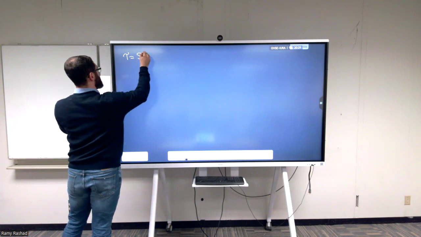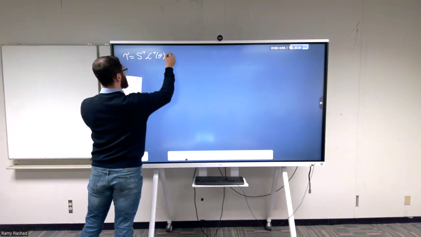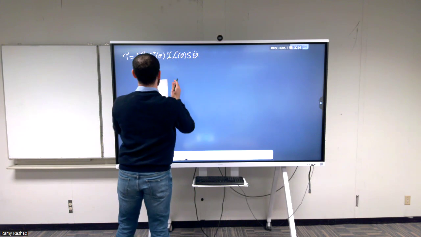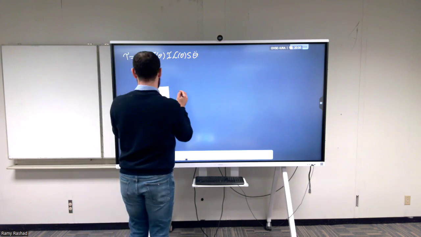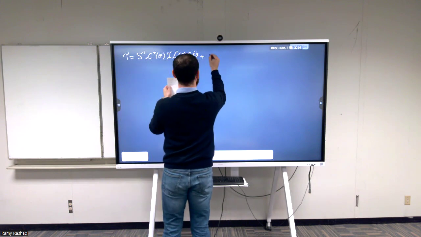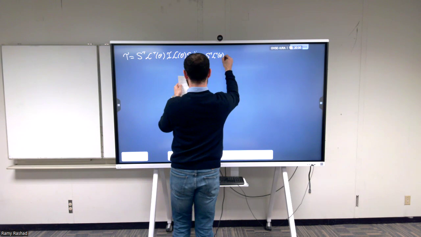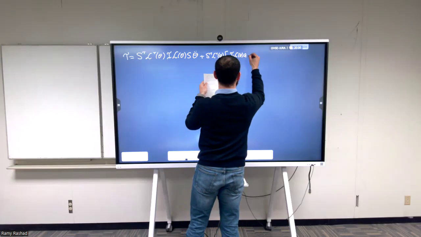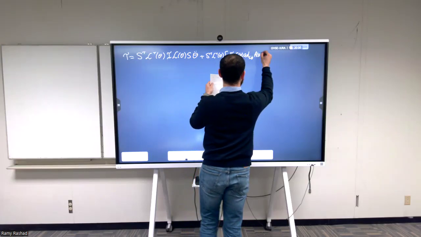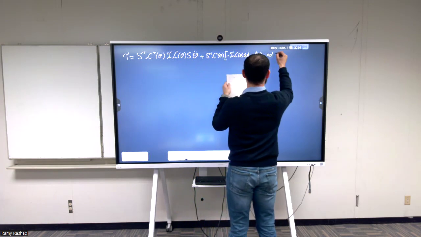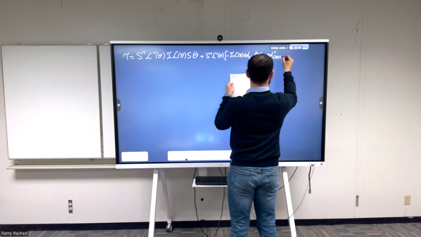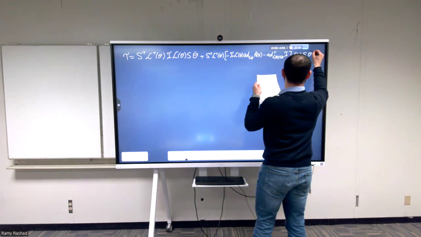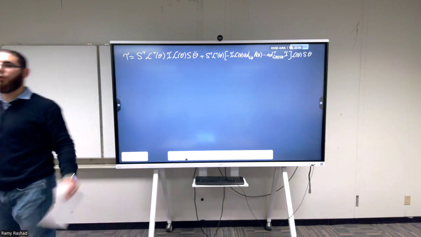Get that tau is equal to this. This is the four equations into one.